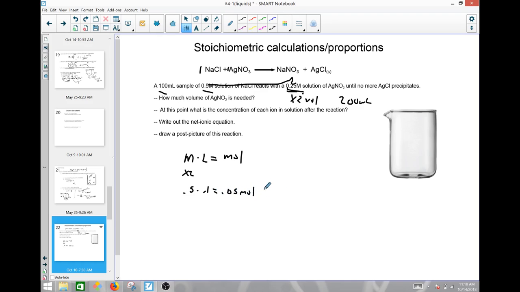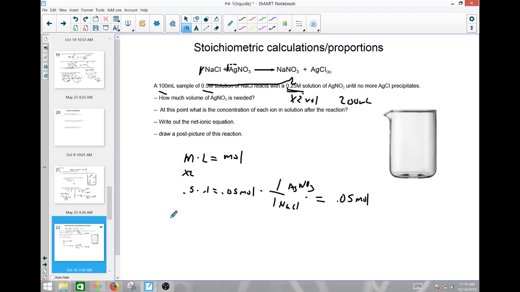And then I would say, okay, in the reaction, for every 1 NaCl, I require 1 AgNO3. So that's a stoichiometric ratio, 1-to-1 ratio of NaCl to AgNO3.